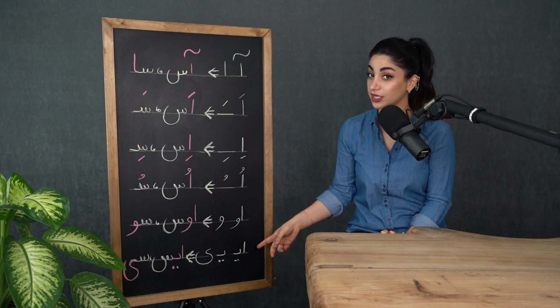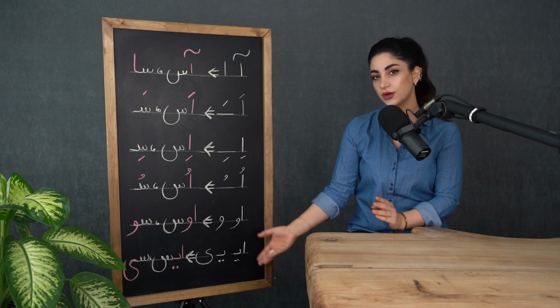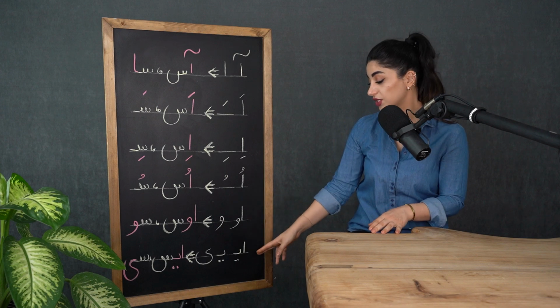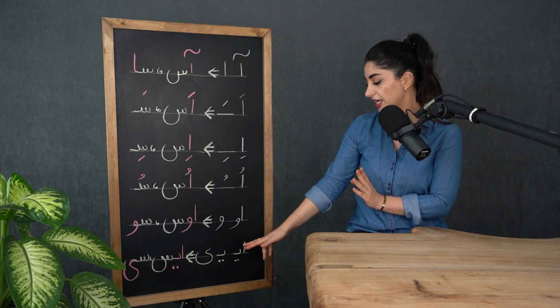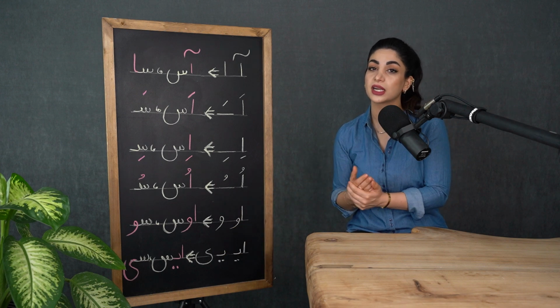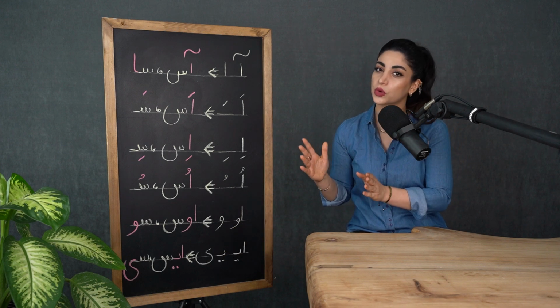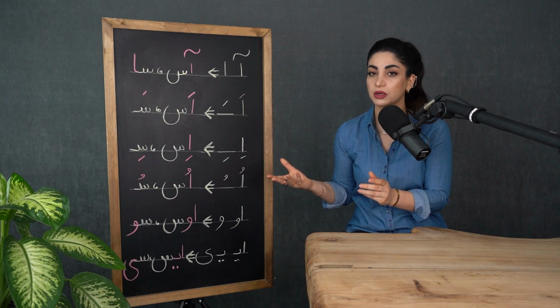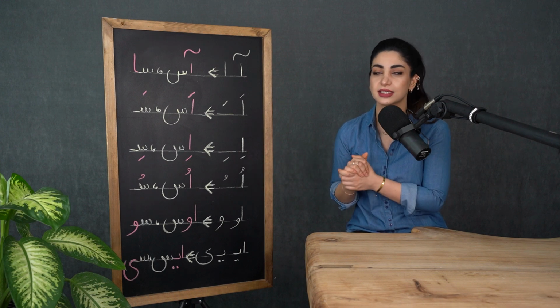And this tricky one here. Well, we know that it has three forms. The first one comes always at the beginning, attached from this part only. This one comes in the middle of a word, attached from both sides based on the word and the consonants it is in the middle of.